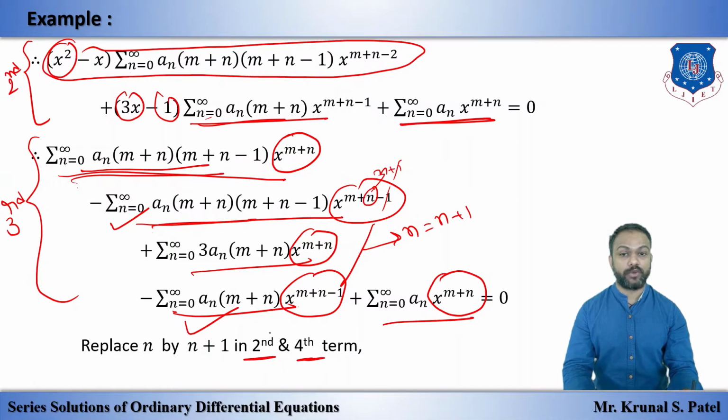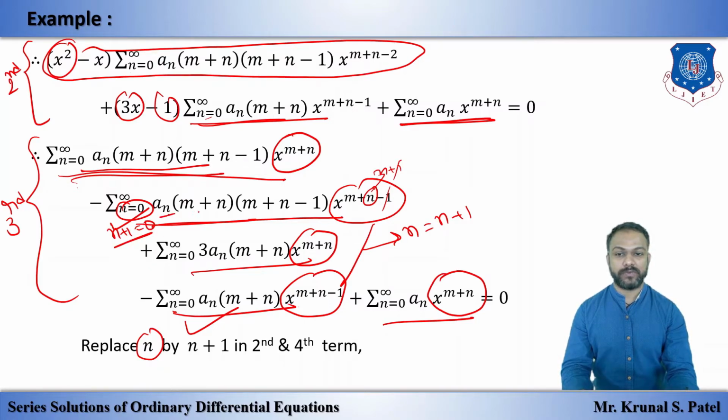It is compulsory to mention in which term you are replacing, so that you can understand and the examiner can also understand what you did. So we replace n by n plus 1 in the second and fourth term. This n is equal to 0, that n plus 1 is equal to 0, that means n becomes minus 1.